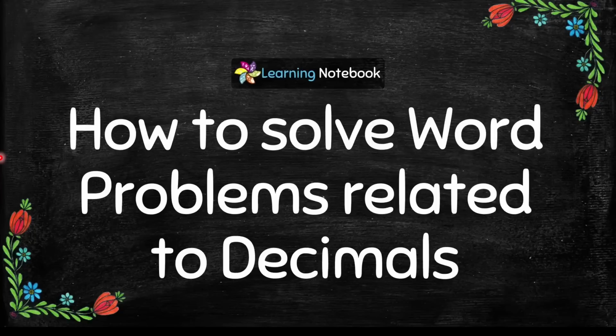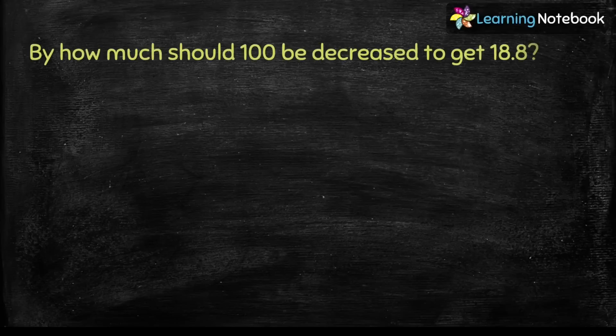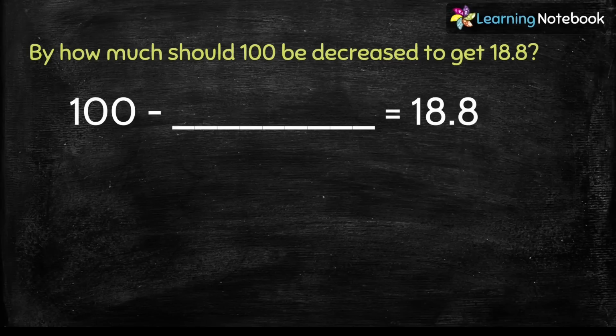Now let's understand how to solve word problems related to decimals. Question 1 is, by how much should 100 be decreased to get 18.8? Students, this word problem means 100 minus dash equals 18.8.